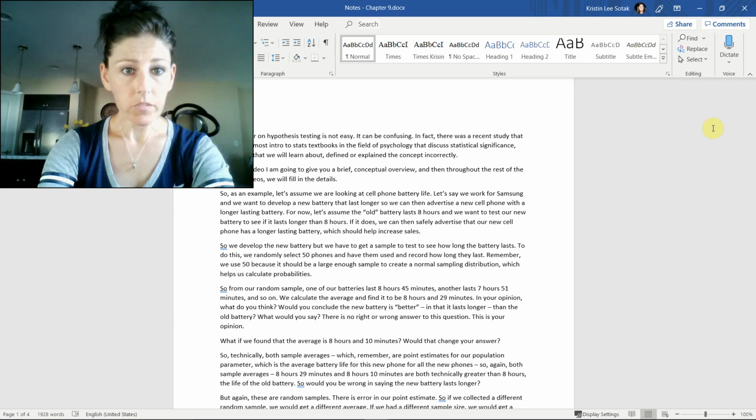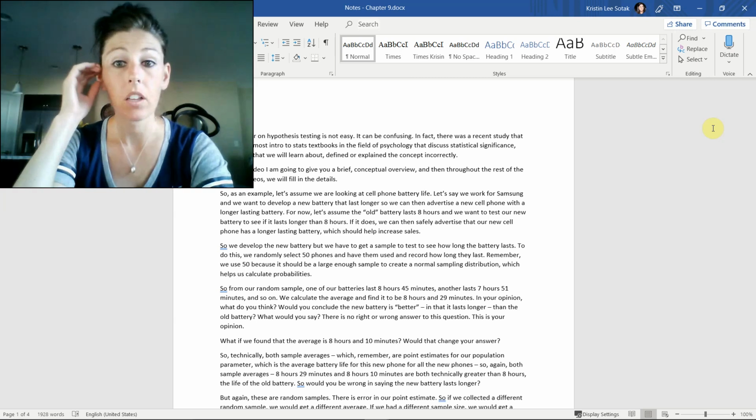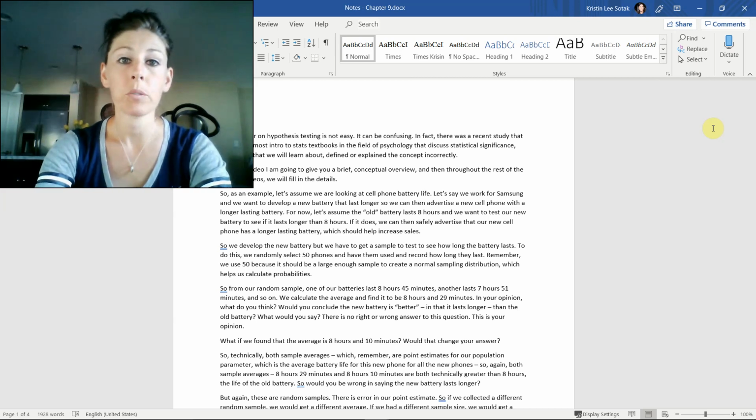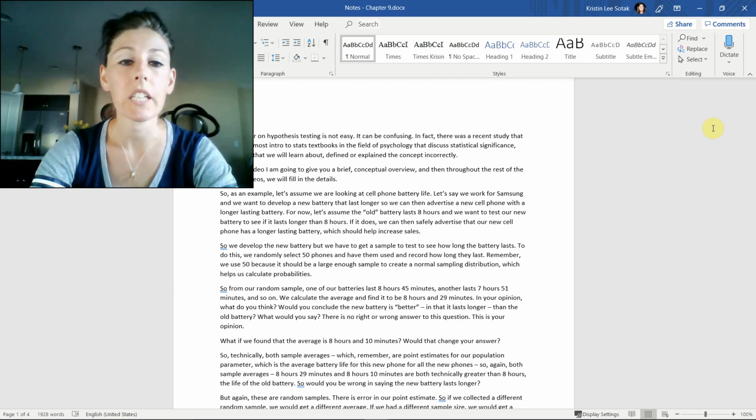This chapter is not that it's hard, but some of the basic concepts are a little bit difficult. It can be really confusing. There was a recent study, and I'm reading this from my screen, that found that most intro to stats textbooks in the field of psychology specifically, that discuss statistical significance, define or explain it incorrectly.